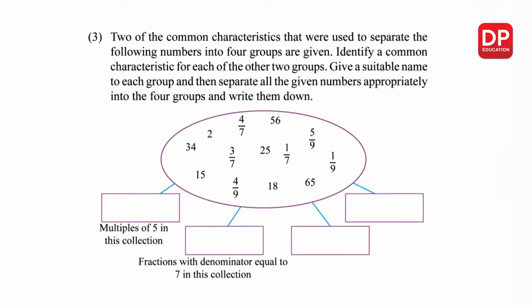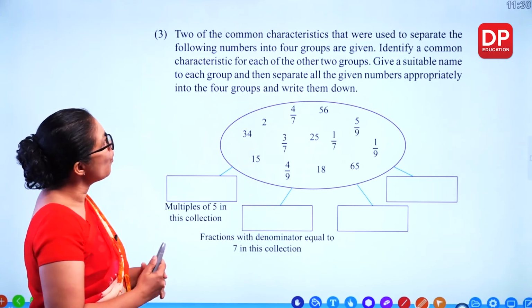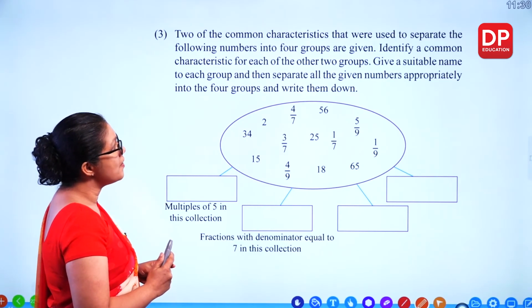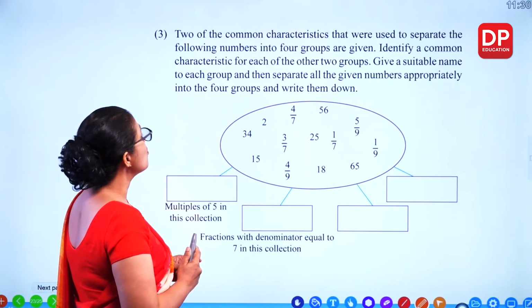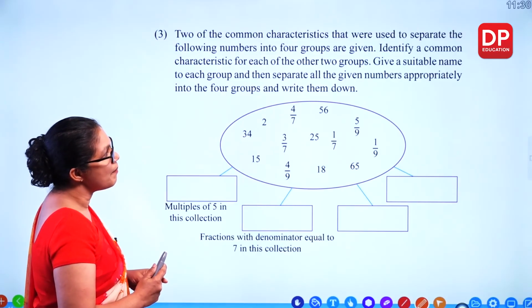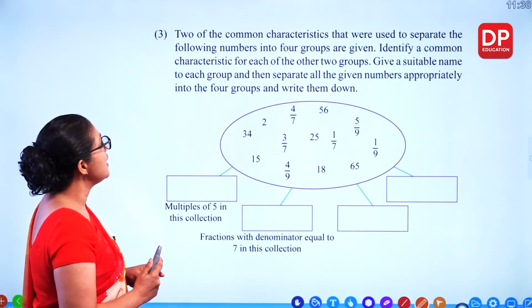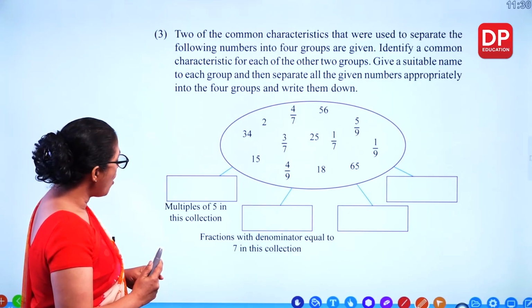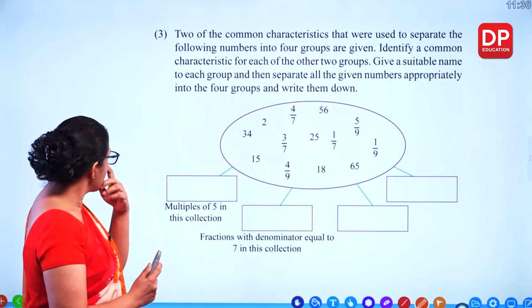Question number 3. Two of the common characteristics that were used to separate the following numbers into four groups are given. Identify a common characteristic for each of the other two groups. Give a suitable name to each group and then separate all the given numbers appropriately into the four groups and write them down. So already done two groups.